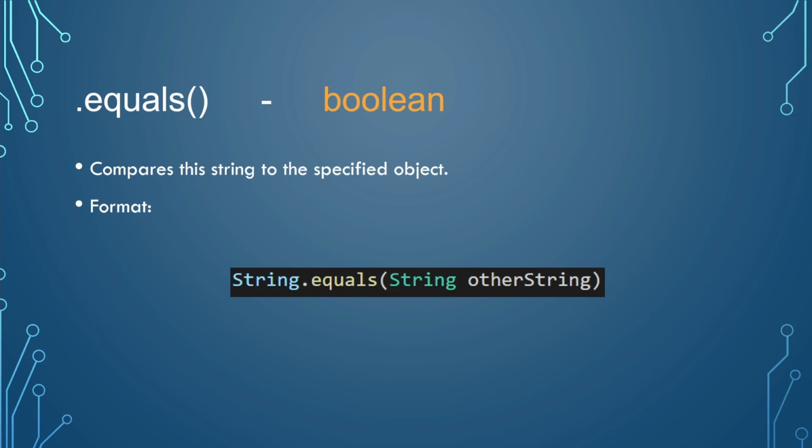So instead, when we compare strings and want to check if they're equal to each other, we say the name of the first string dot equals then the name of the other string, and the return type is obviously boolean, because if they are equal then true, if not then false.